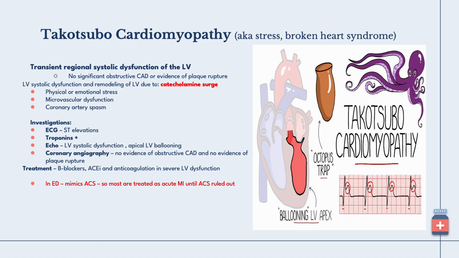Treatment here is really going to be supportive care, so beta blockers, ACE inhibitors, and anticoagulant in those with severe LV dysfunction. So in the ED, it really does mimic acute coronary syndrome. So really most of them are going to be treated as MI until we've ruled out acute coronary syndrome.